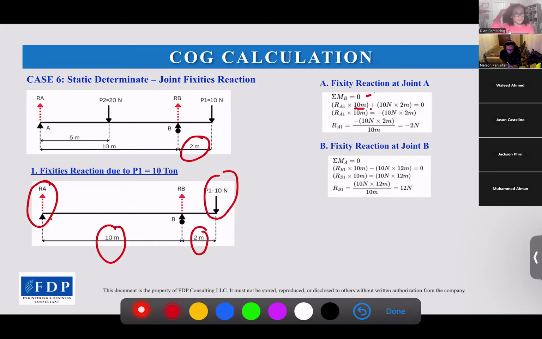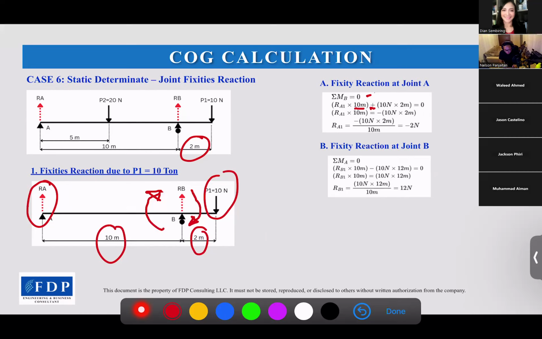So if the moment because of the RA will rotate the member like this, then the P1 will make the moment rotate in this direction. So it will be the same direction of the moment. That's why we put plus here.